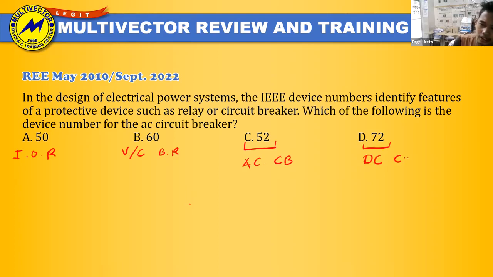So of course the correct answer is still 52, the AC circuit breaker, the ANSI device number. That's problem number 5.